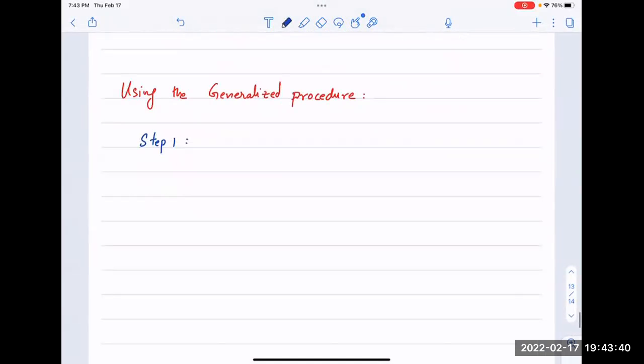So let's go back to the generalized procedure, where the first step was to convert to canonical form.